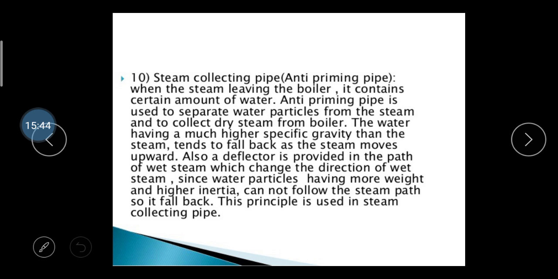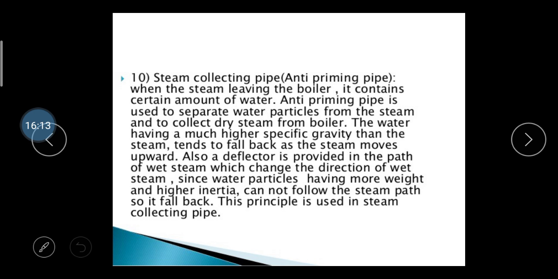Then after, the steam collecting pipe. The steam leaving the boiler contains a certain amount of water, and the anti-priming pipe is used to separate the water particles from the steam and collect the dry steam from the boiler. The water has a much higher specific gravity than steam, so it falls back while the steam moves upward.